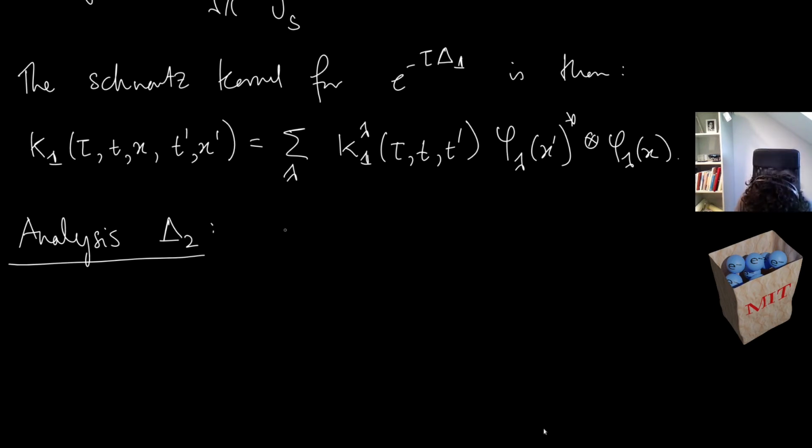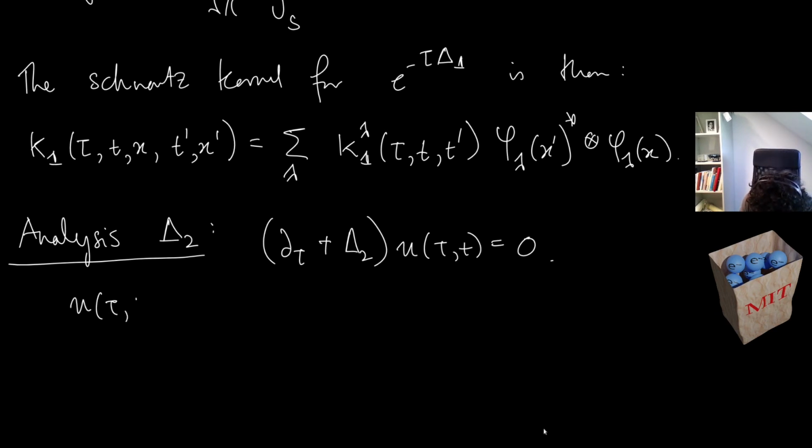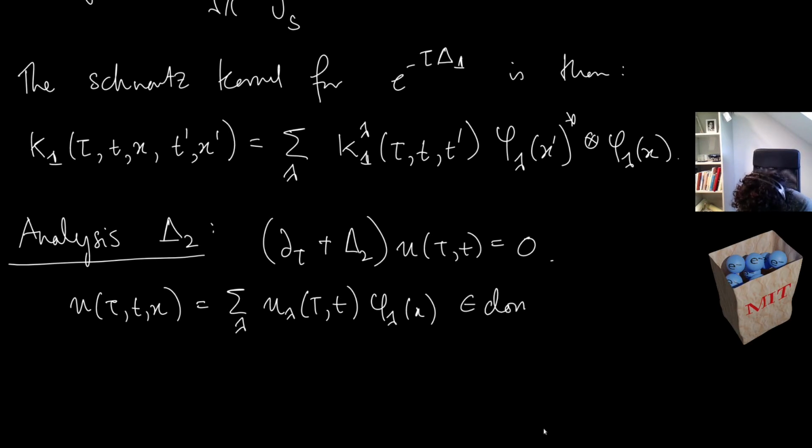We're looking at lambda partial tau plus Laplace 2 u tau t equals 0, and we have u tau t x equals the sum u lambda tau t phi lambda of x, which is in the domain of Laplace 2.